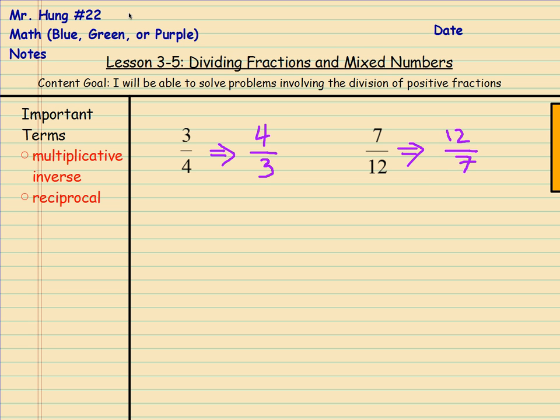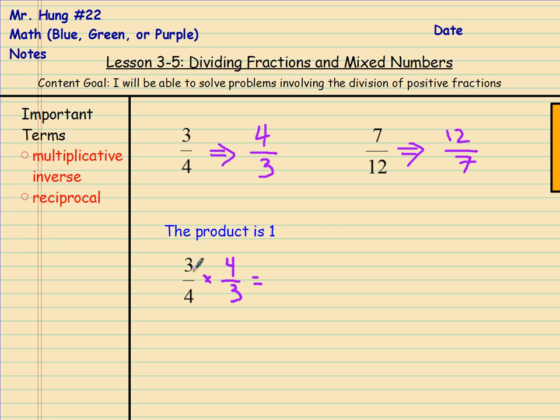Now there's one important thing about these multiplicative inverses and reciprocals, and that is the product is always 1. What I mean by that is if you take 3/4 and you multiply that by its reciprocal, which is 4/3, you always get 1.